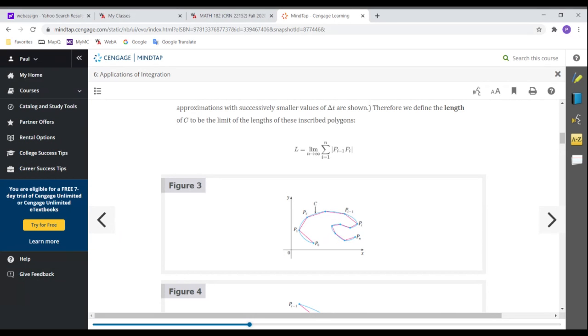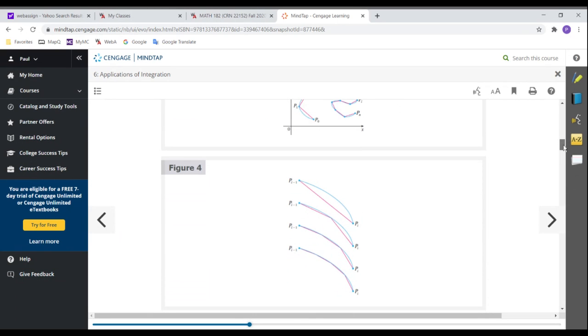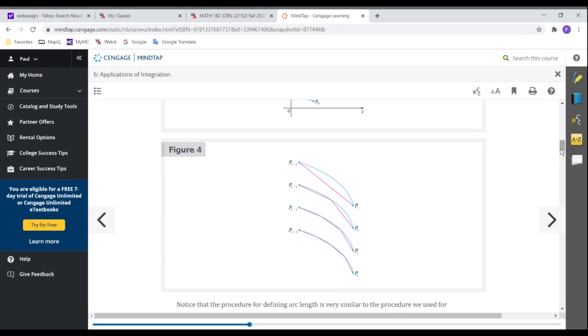Now the line segment approximates the arc. If we added up the lengths of all those line segments, we would get an approximation of the arc length. And if we took smaller and smaller line segments, the approximation would get better and better. You can see it here in figure 4, from point P sub i minus 1 to point P sub i.